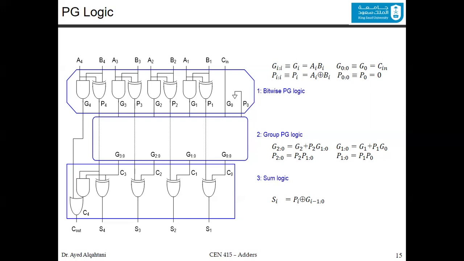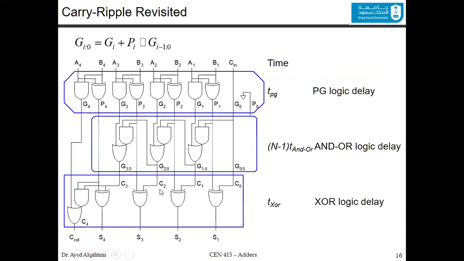The types of adders differ from one to another based on this step or this stage, where you find the group generations, G00, G01, G02, and G03, if you have 4 bits. This is what makes one type of adder differ from another. So let's start with the first type, which is what we just discussed, the carry ripple adder.